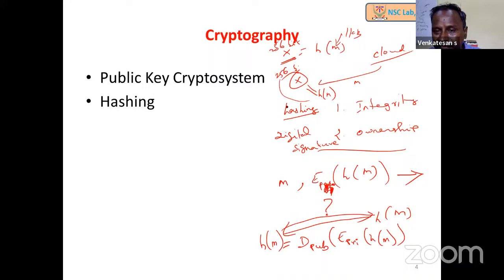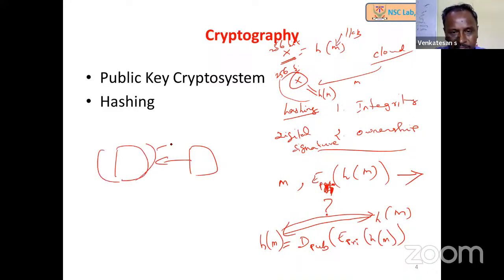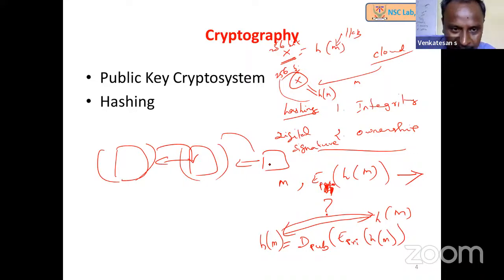So how is hashing used? Let's say we are talking about the blocks: the hash of this block is available in the next block. So this is the way the hash is used to ensure integrity. And for the digital signature, whenever I am making a transaction, my verifying or validating party should make sure that I am the owner of the transaction or owner of the coin and am spending it.